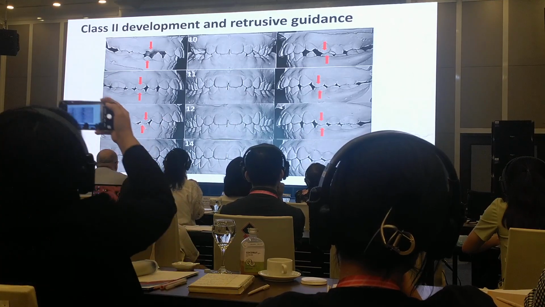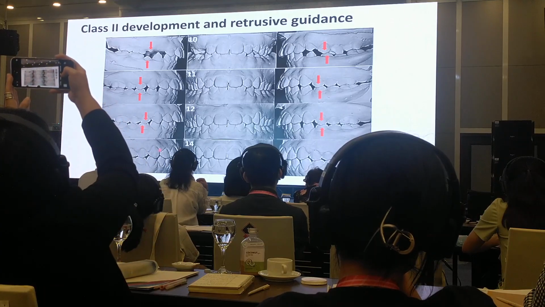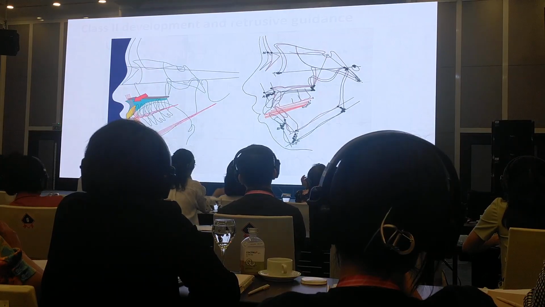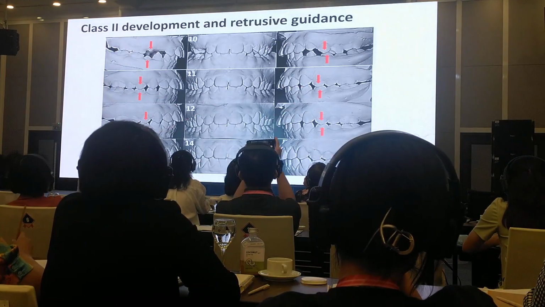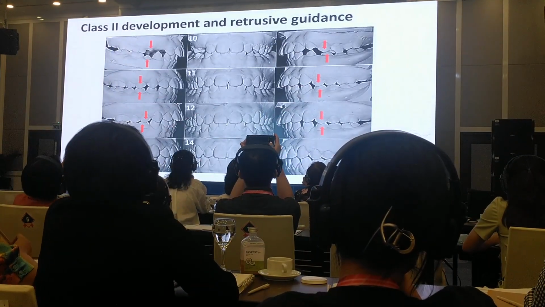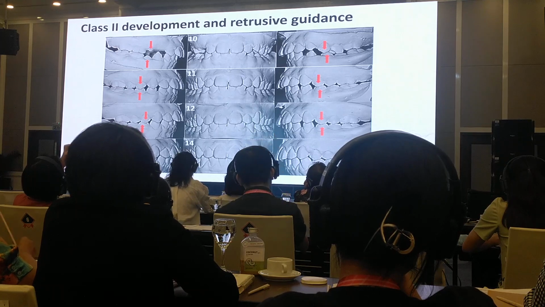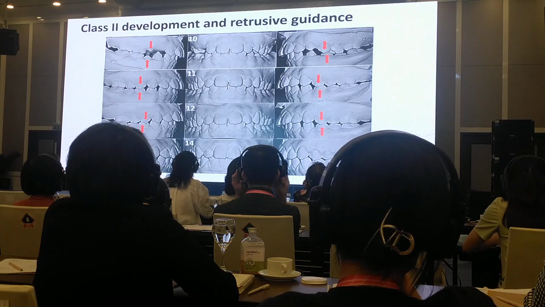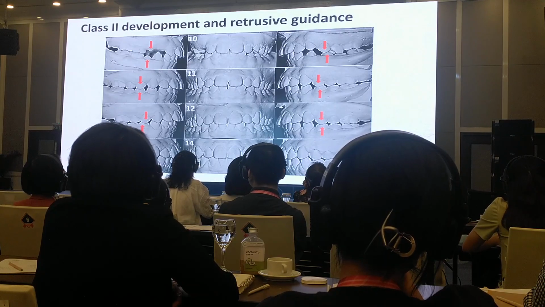Right? Then finally, both sides of occlusion become full class 2. Yeah? Therefore, we have to control.